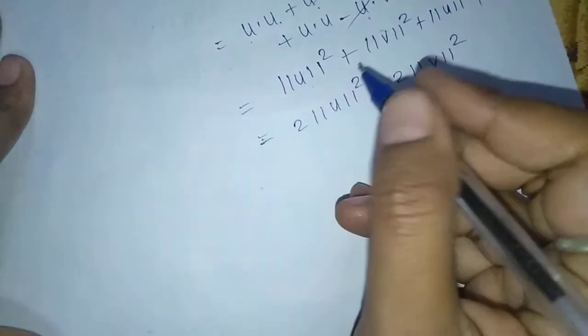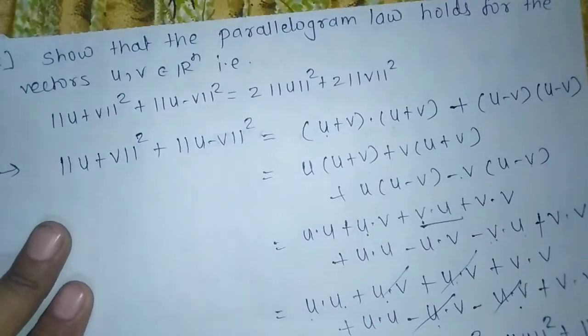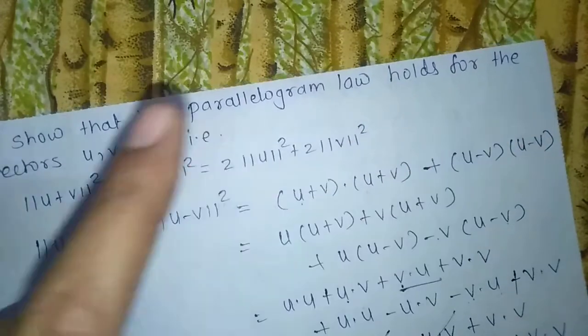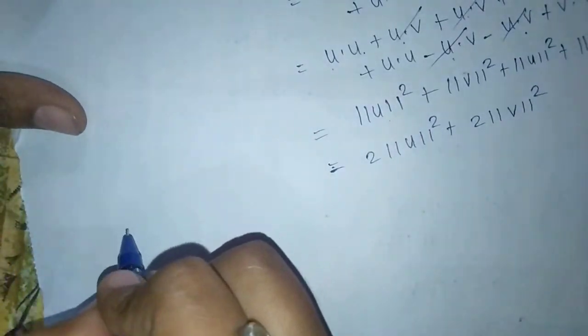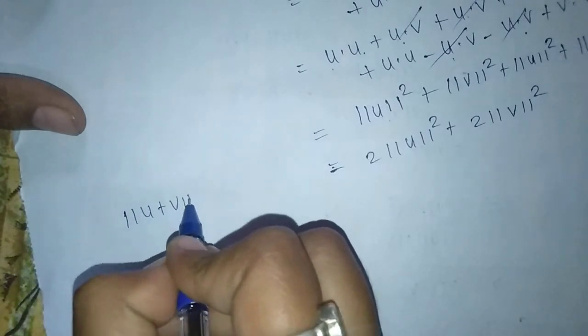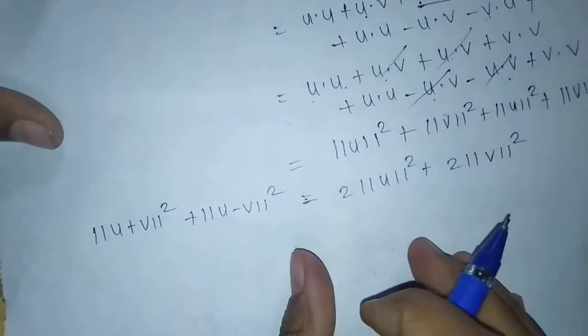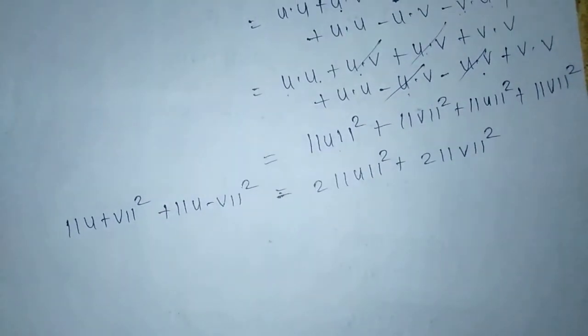So here we get the right hand side of the parallelogram law. So the parallelogram law holds for the vectors u, v belonging to Rn. So norm of u plus v square plus norm of u minus v square is equal to 2 into norm u square plus 2 into norm v square.